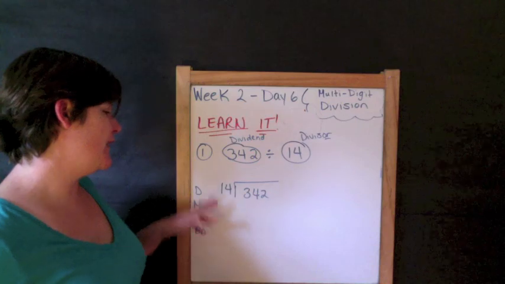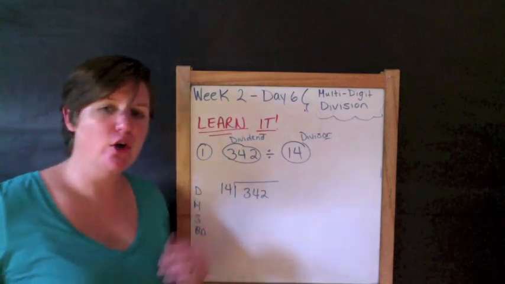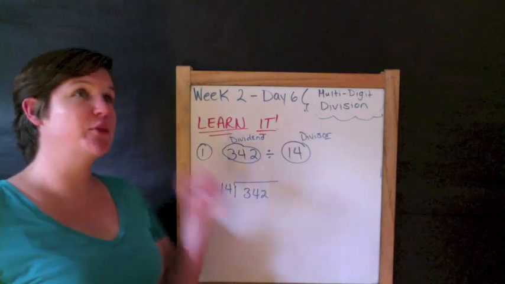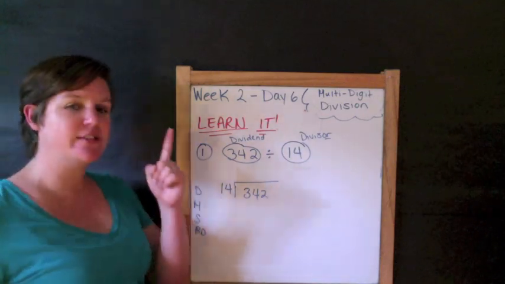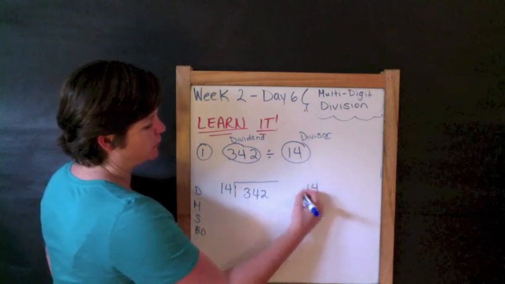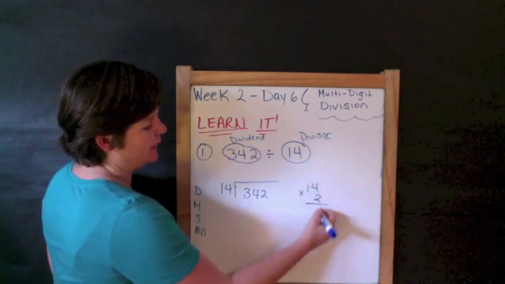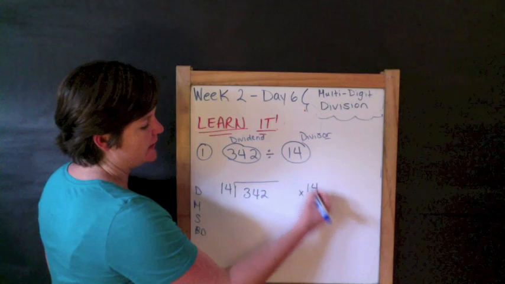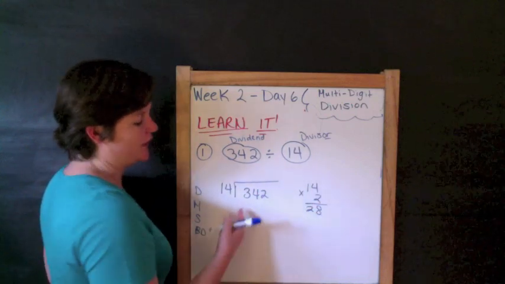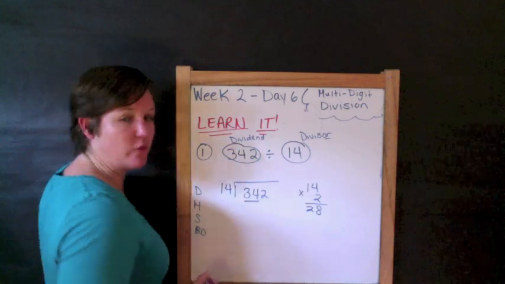Okay, first we divide. How many times does 14 go into 34? Well, I know it could go into it at least one time, and I'm going to see if it goes into it twice. So I'm going to take my 14 and multiply it by 2. 4 times 2 is 8, and 1 times 2 is 2, so 28, which is pretty close to 34.